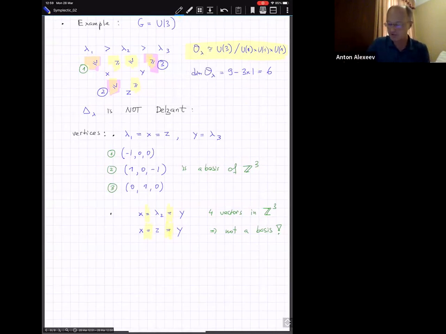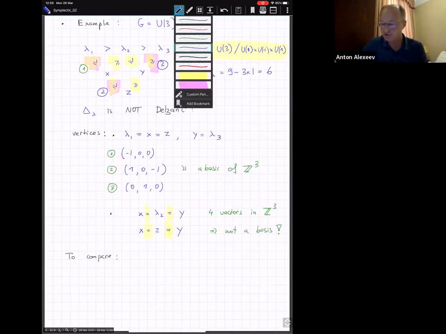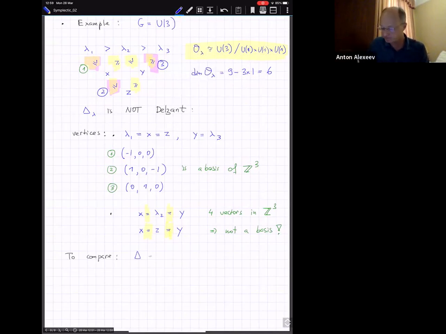So, to compare, suppose we start with delta Gelfand, and then M delta toric.